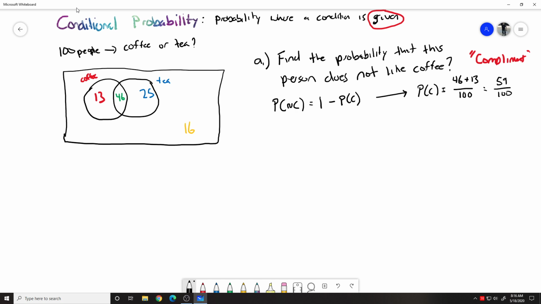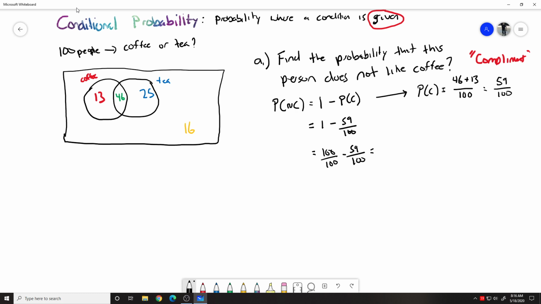So now we can go back here and figure out what the chance is that someone does not like coffee. This is going to be 1 minus 59 out of 100. You should be able to do that, but just in case, you can convert this 1 into hundredths, and 1 is obviously 100 out of 100, minus 59 out of 100.